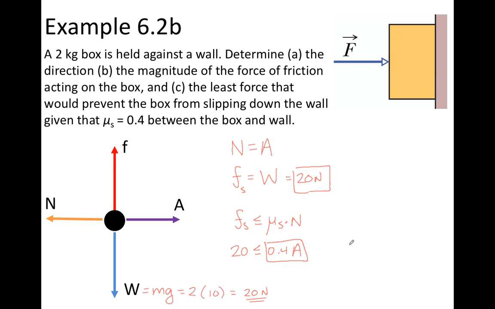It becomes an equality, an equation. So 20 is going to equal 0.4 times the minimum value that the applied force is going to be able to take. And so the minimum value for the applied force is 20 divided by 0.4, or 50 newtons.